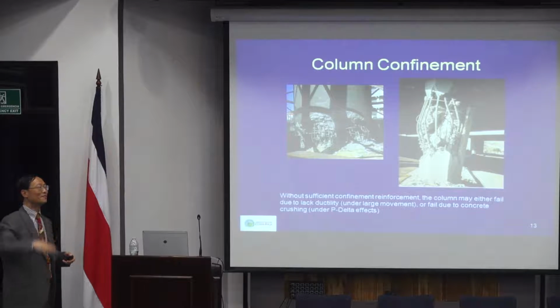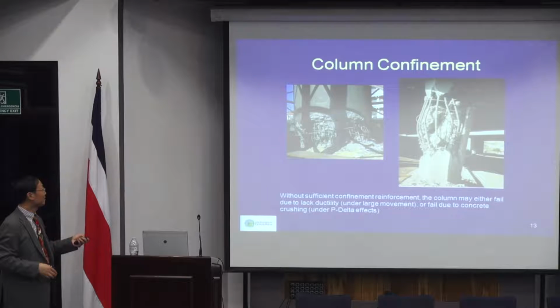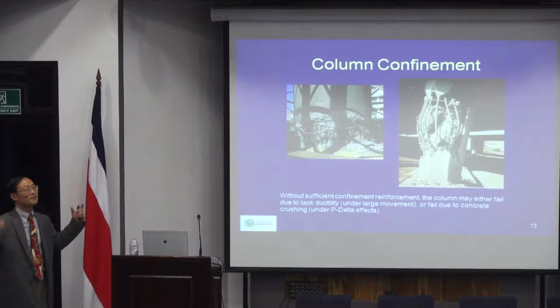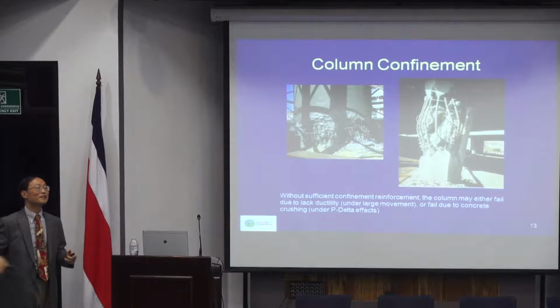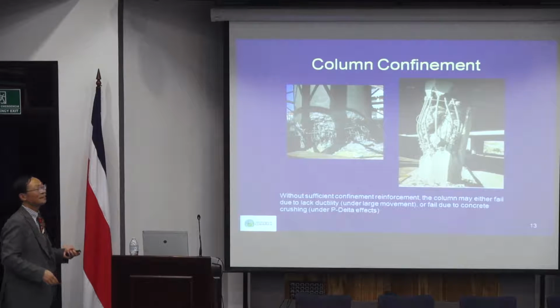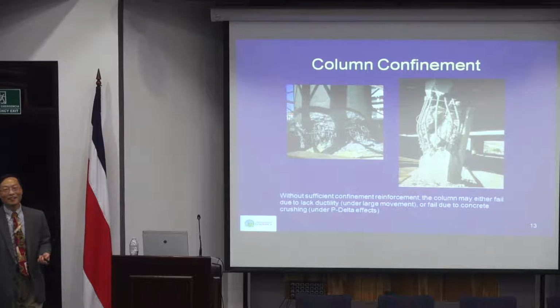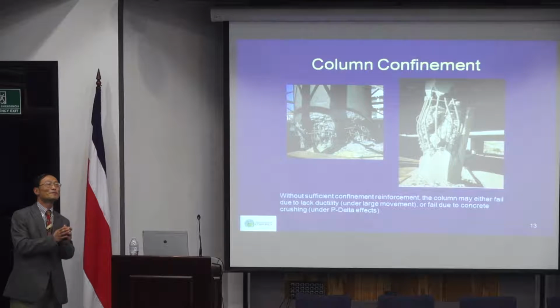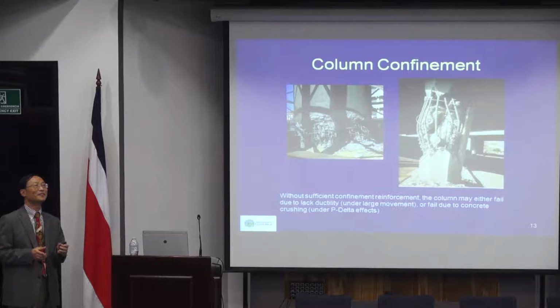In other words, it will resist more load. And also research found that if you have confinement, the shear capacity of concrete also enhances. The shear of concrete is effectively the tension in the concrete. If you rotate the axis of the stress, it becomes a tension.